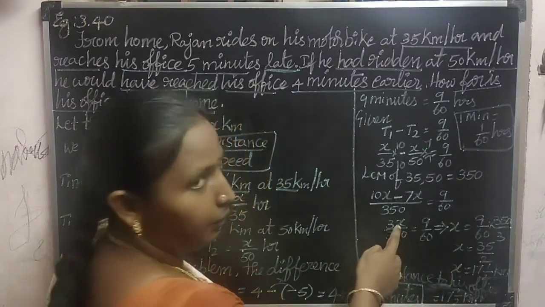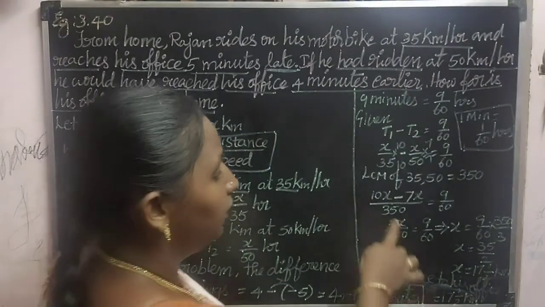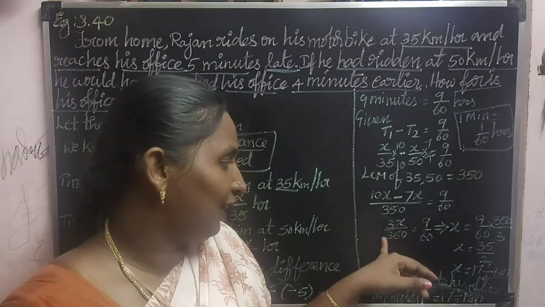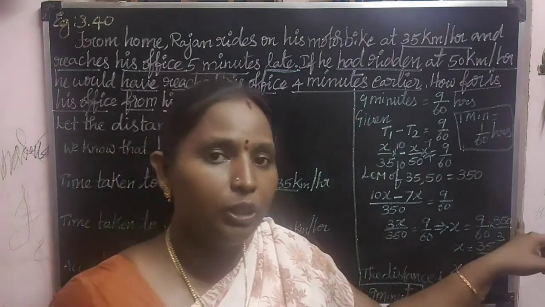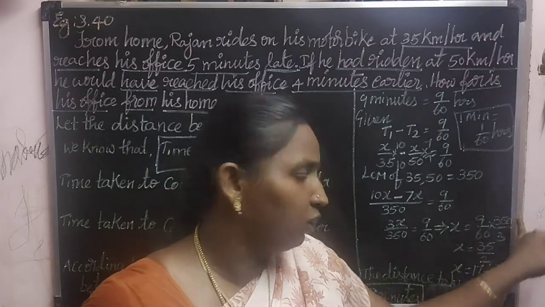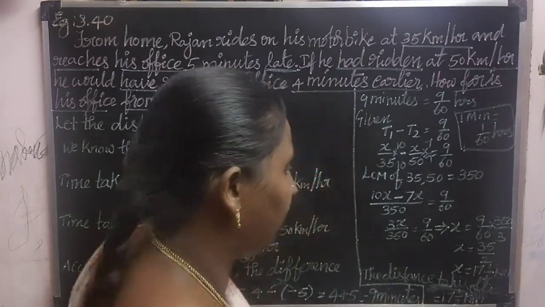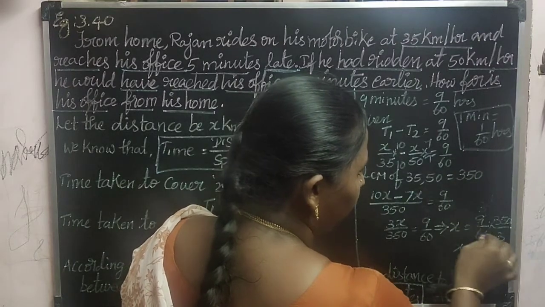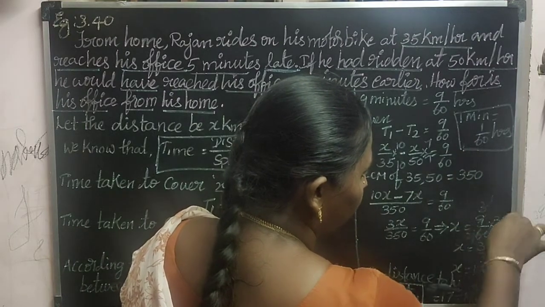Keep x alone on the LHS. The next terms are the given terms, that is 3 by 350. Now take the reciprocal on the RHS side. So I will get 9 by 60 into 350 by 3. Here do the cancellation. 3 ones are 3, 3 threes are 9, 3 twenties are 60, and the 0 and 0 get cancelled.